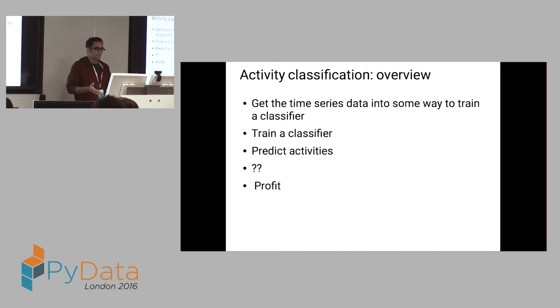So from a top level, we have these time series. And what we need to do is get these time series into some kind of manageable way that we can train a classifier. Then we can train a classifier, we can predict some activities, and we can put it into an app. We can use it for other quantified self experiments and these sort of things.